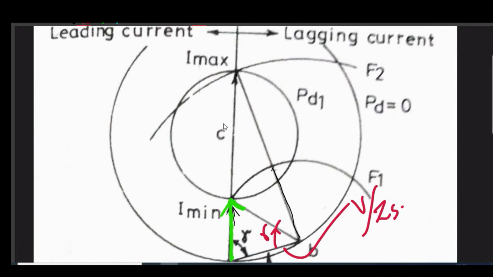From this we have to measure an angle gamma and draw a line.